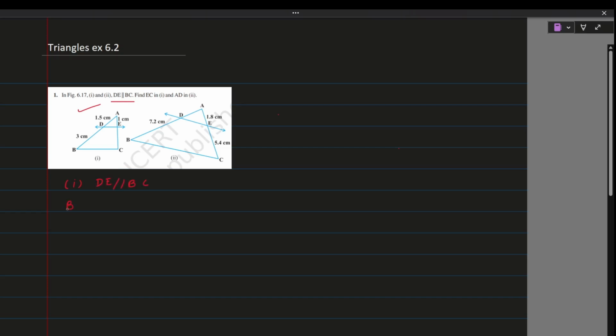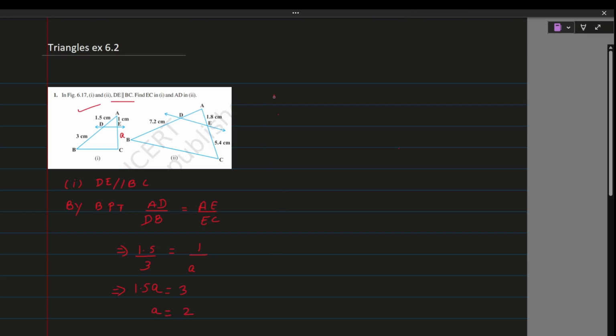So by BPT theorem we can say that AD by DB will be equal to AE by EC. From here, 1.5 by 3 will be equal to 1 by, let's suppose EC is A, by A. If we cross multiply we will get 1.5A is equal to 3, and from here we can say A is 2.